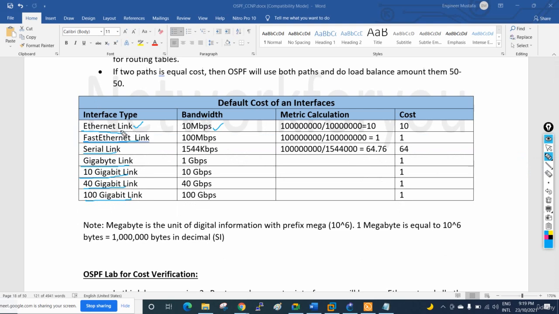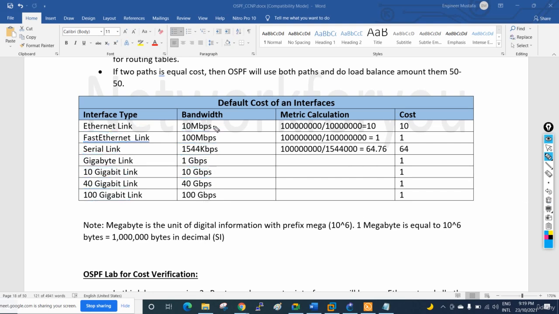If we are using Ethernet, we have 10 Mbps. If we are using FastEthernet, we have 100 Mbps. If we are using serial, we have 1544 kbps. If we are using a gigabit link, we have 1 Gbps. If we are using a 10 gigabit link, we have 10 Gbps of bandwidth.